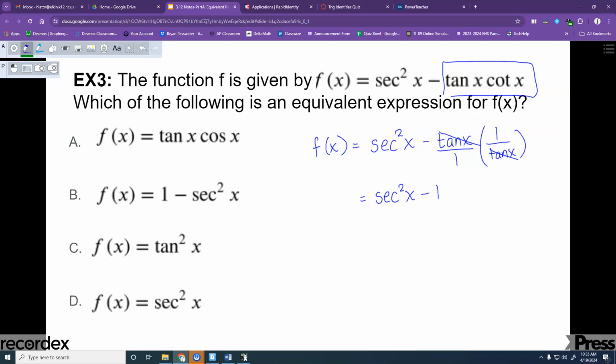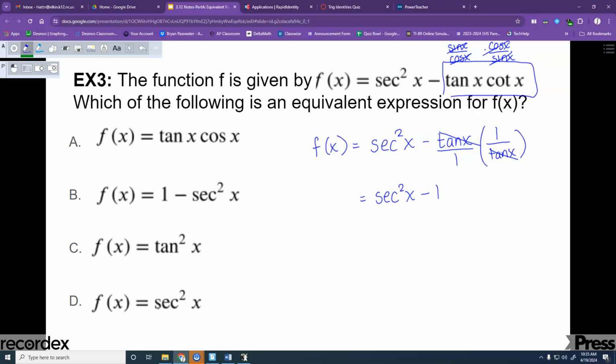Let me just show you a different option on that. Another way you could have done that is tangent could have been sine x over cosine x, and then cotangent could be cosine x over sine x, and then the cosines would cancel and the sines would cancel, and you'd get 1 that way. So a lot of these problems, like Solana and Ethan could do them differently, but they could still both be correct in how they do it.